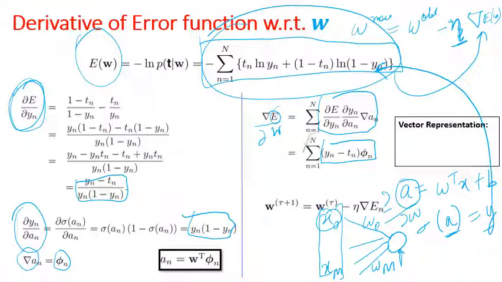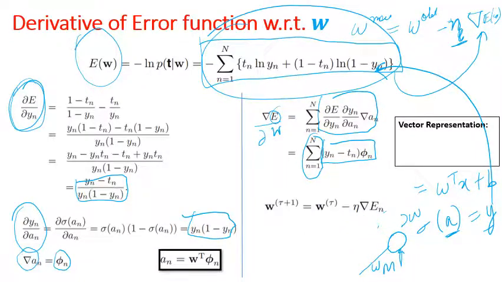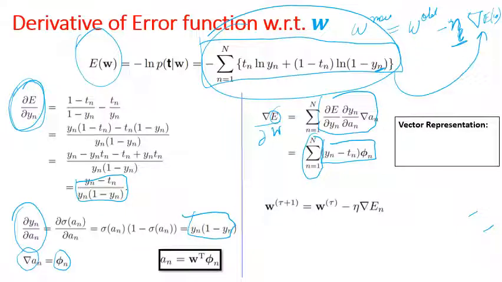Why is there a summation? Because you are doing it for every sample, and there are n samples. Because it's a linear summation, all the derivatives which you calculate for every sample get added. Then you plug this derivative into this equation, where you are doing gradient descent.